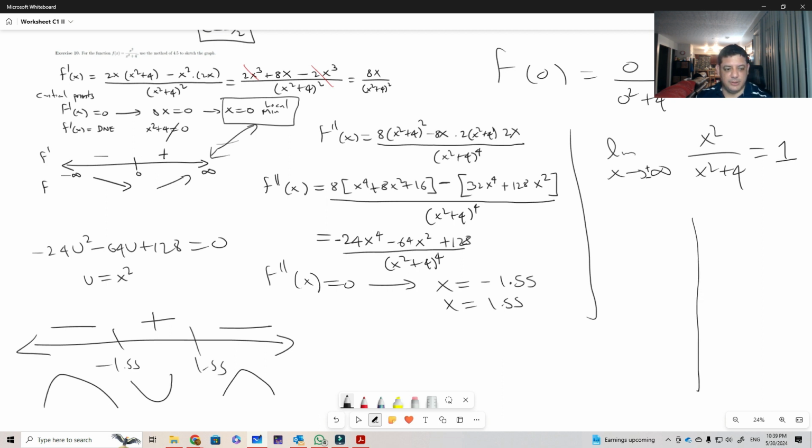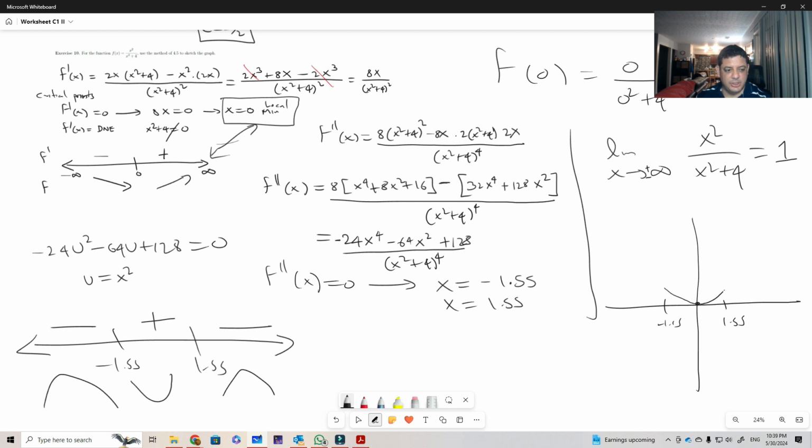So we have this situation where this is the axis, it is crossing 0, and before 1.155 and minus 1.155 the function is concave up. So you have this situation, and then you have this situation here.